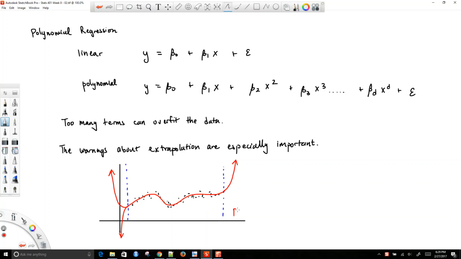This should also be reflected in the standard error of our estimates there.